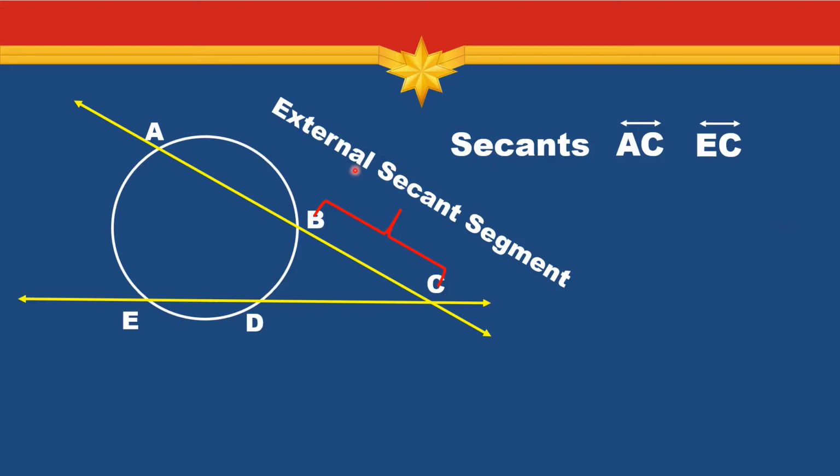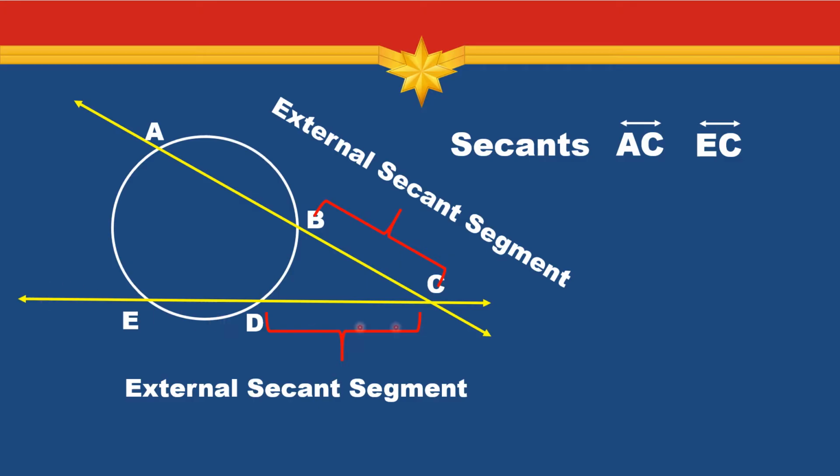From the word itself, external, meaning outside. It is the outside part of our secant segment. When we are referring to line EC, the part which is outside the circle is segment DC. Therefore, that is our external secant segment.